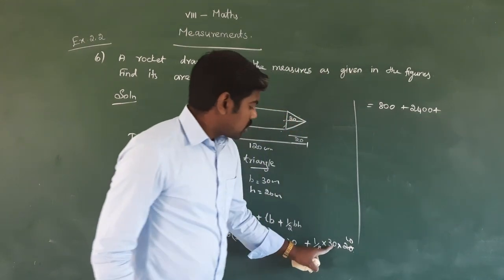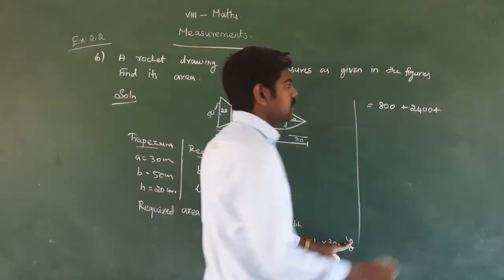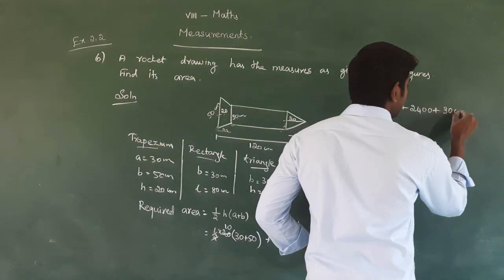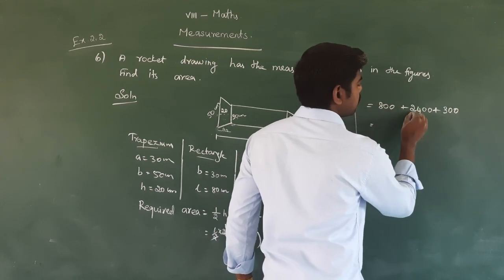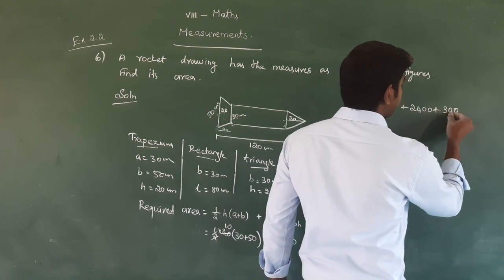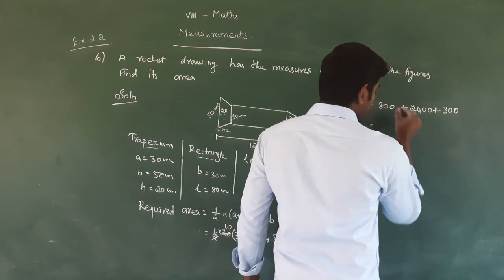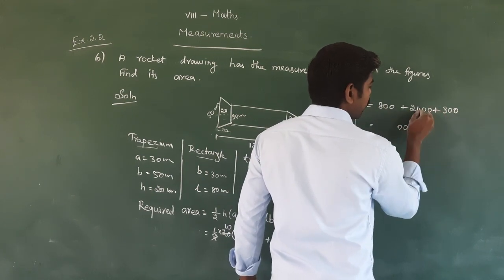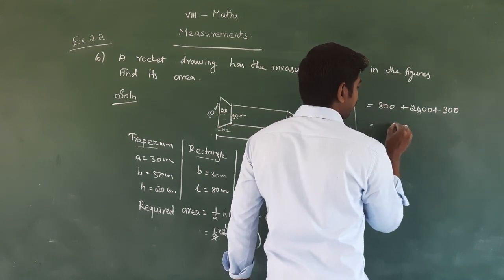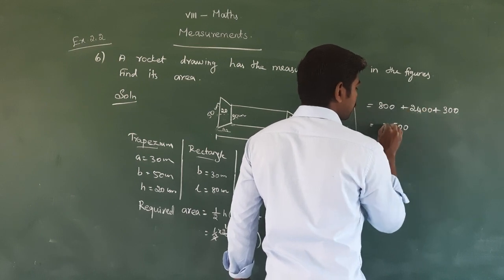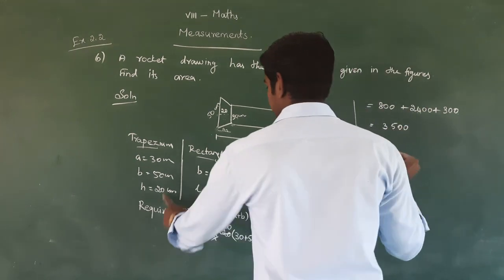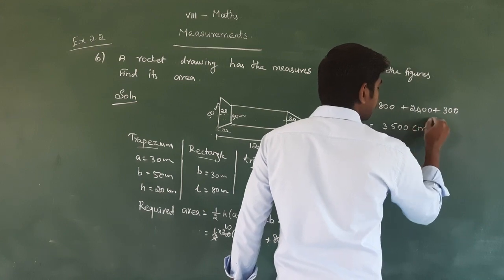Plus 30 multiplied by 10 is 300. So we add 800 plus 2400 plus 300. That gives 3500 centimeter square.